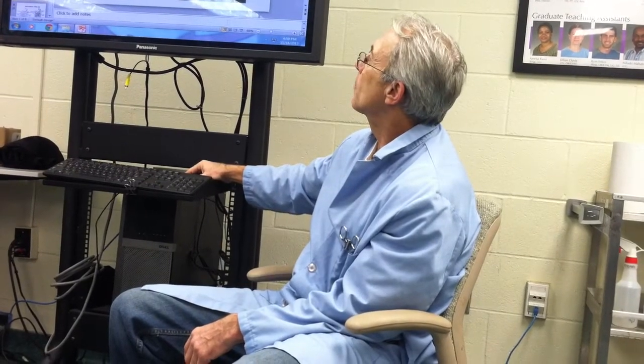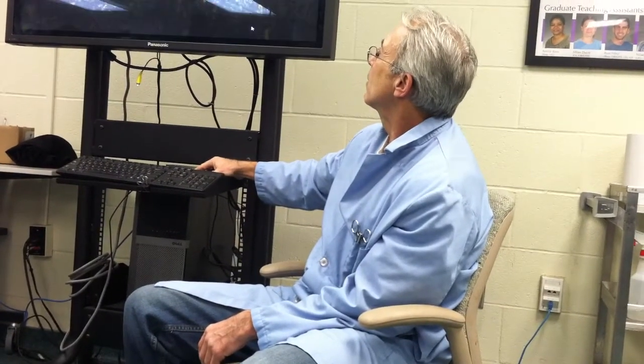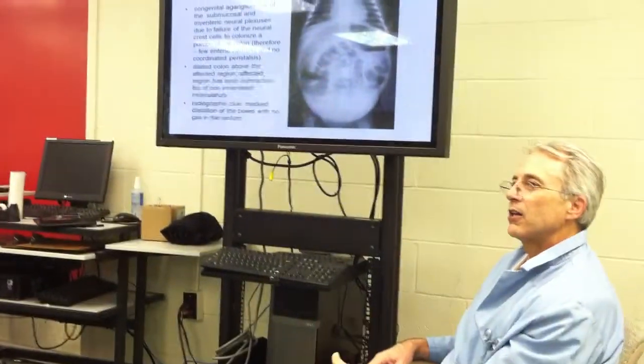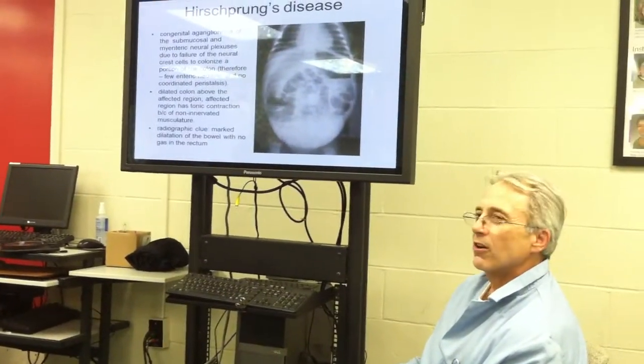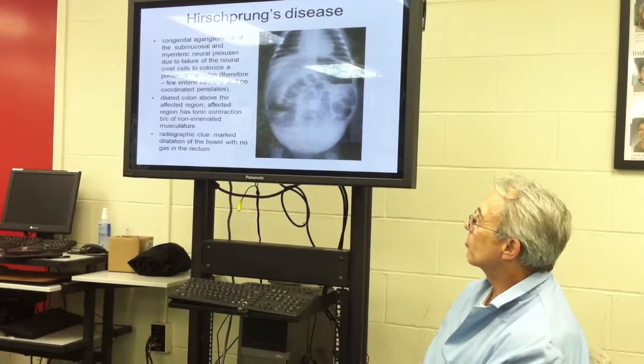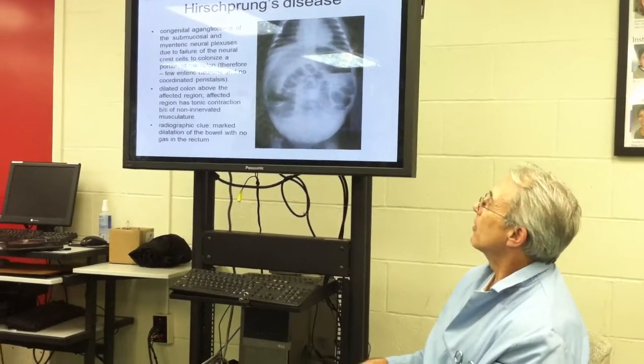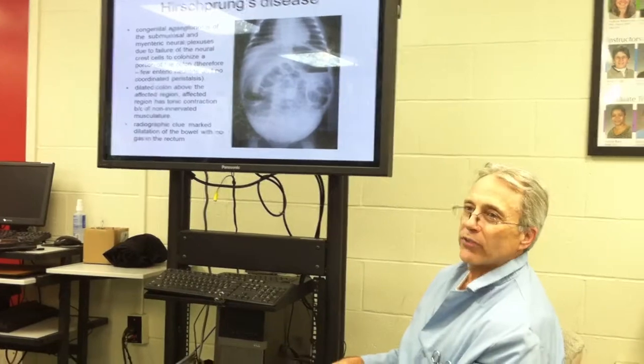Hirschsprung's disease. Anybody read about what that is? This is where you have failure to colonize a portion of your GI tract, usually at the large intestine, with neural crest cells.